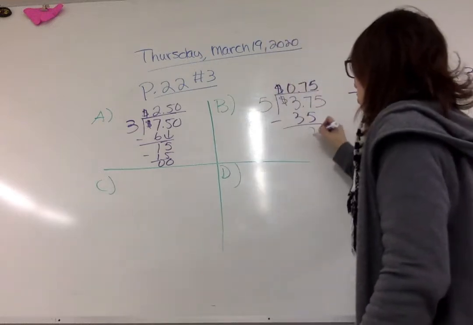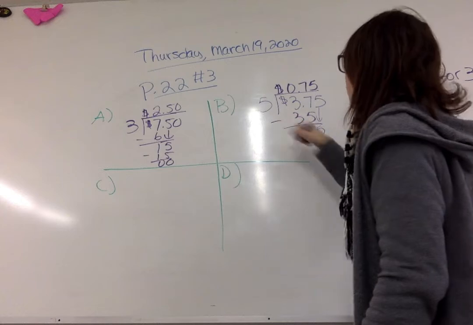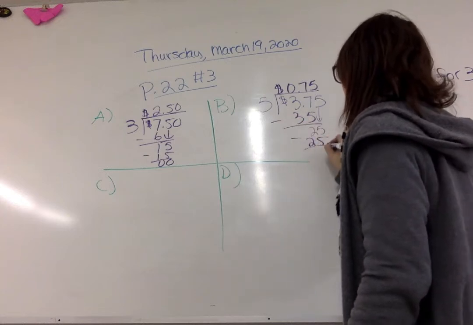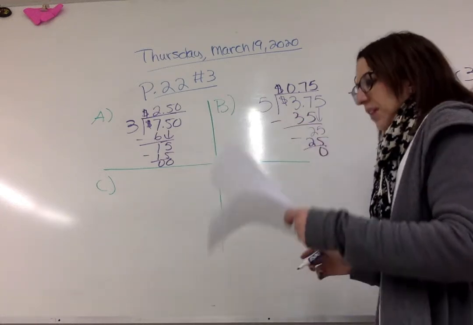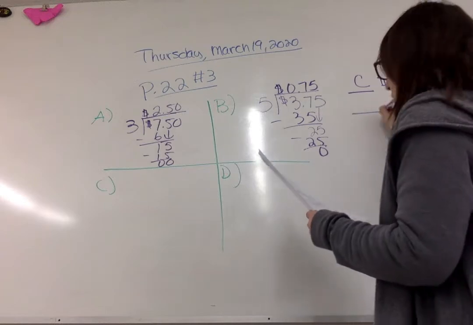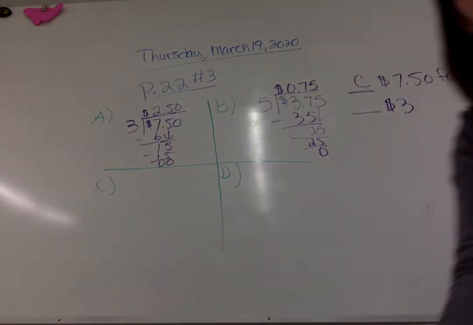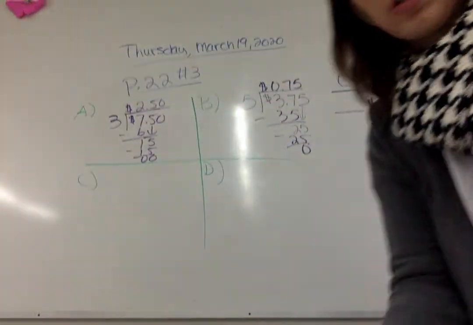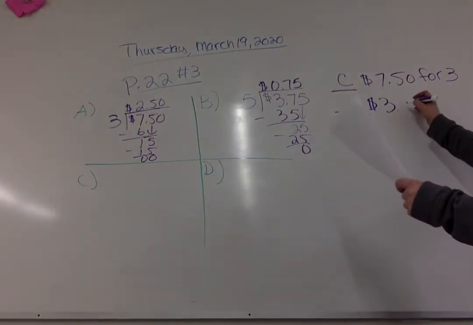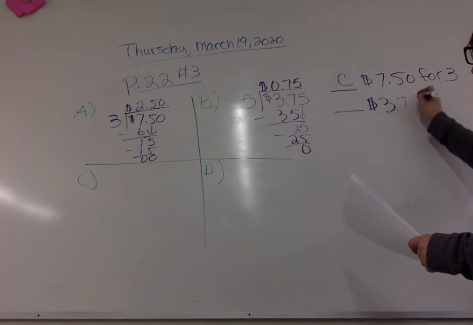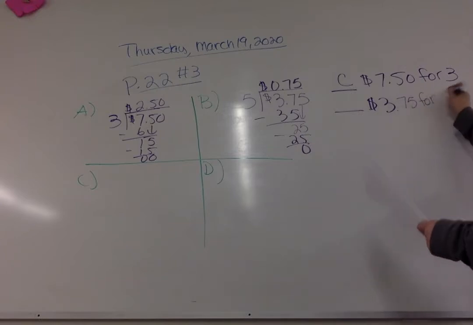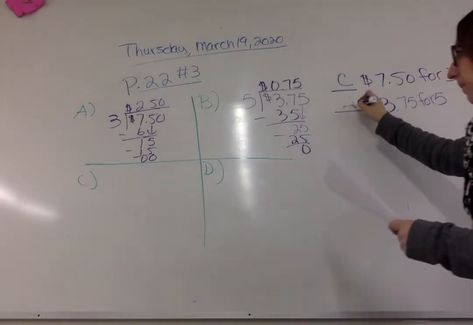Right? This gives me 2, bring down here, 5 times 5, 25. We now get 75 cents. So on the second one, where it says $3.75 for 5, I'm going to put an A.